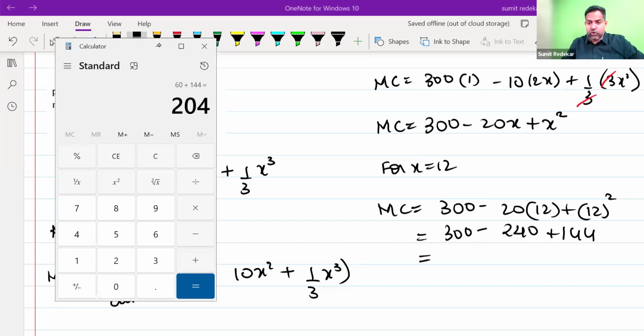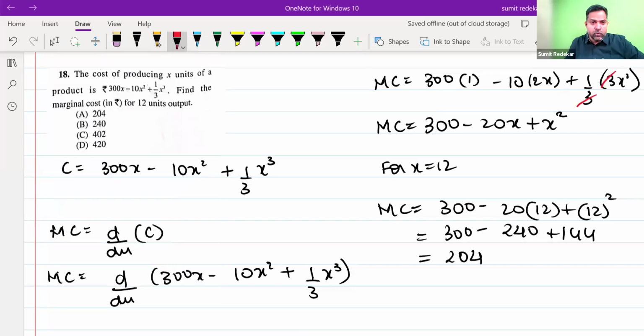The answer to this is 204. Is that an option? Yes, 204 is option A. So the answer to this is going to be option A. That is question number 18.